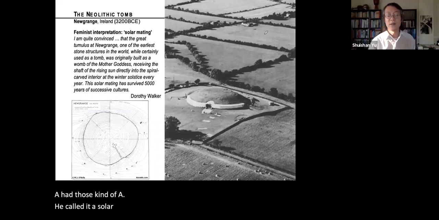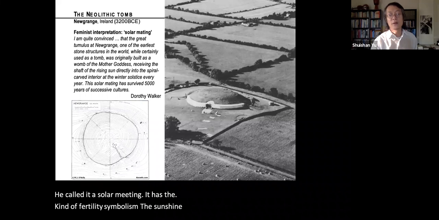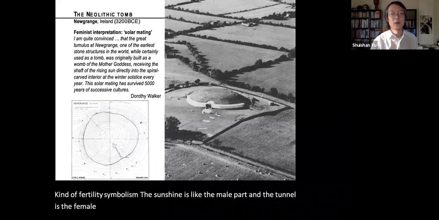It has fertility symbolism. The sunshine is like the male part, and the tunnel is the female part. So he called this the solar mating during winter solstice.